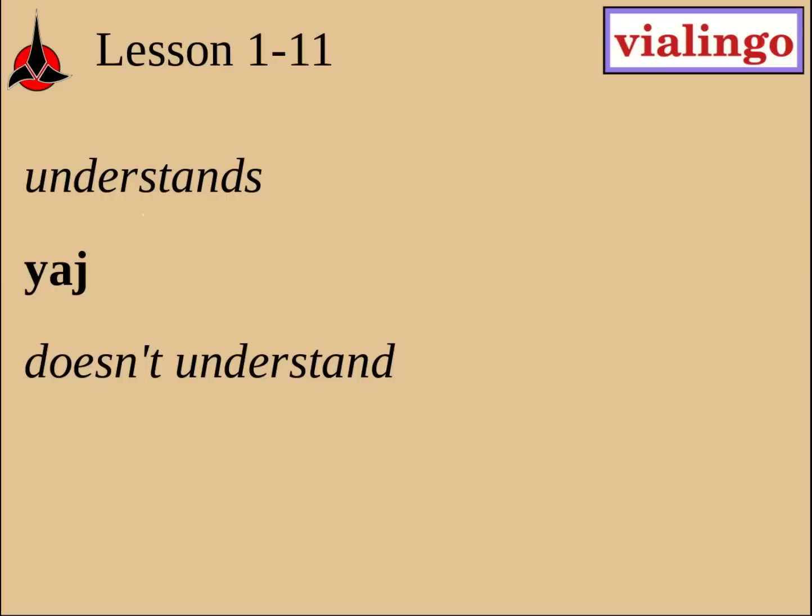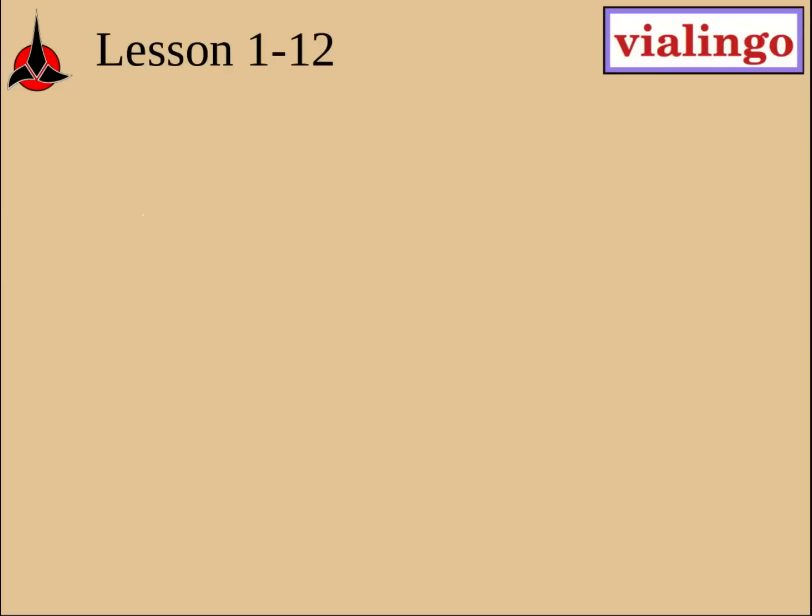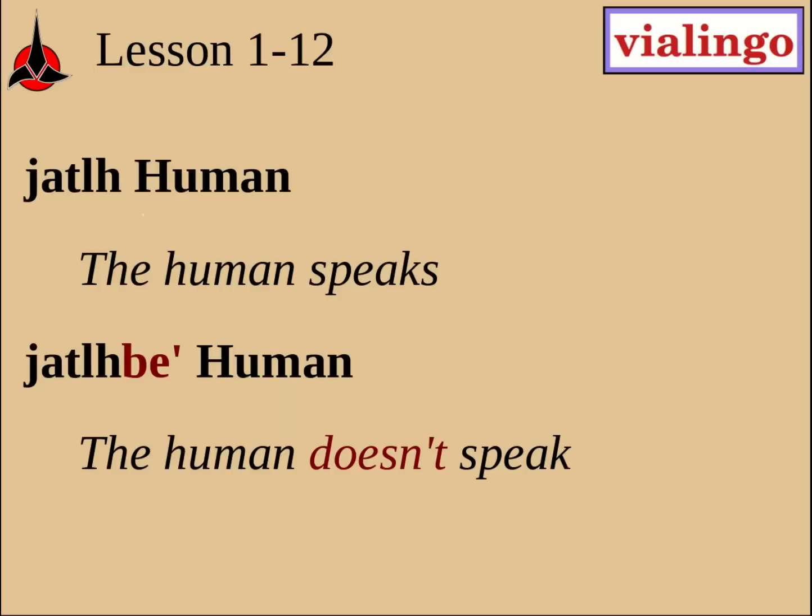Doesn't understand? Now, because the word order is different in Klingon, if you want to say the human doesn't speak, you literally say doesn't speak the human. So the human speaks is tlhuman jatlh. The human doesn't speak is jatlhbe tlhuman.